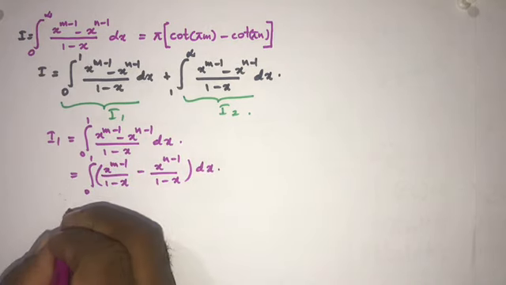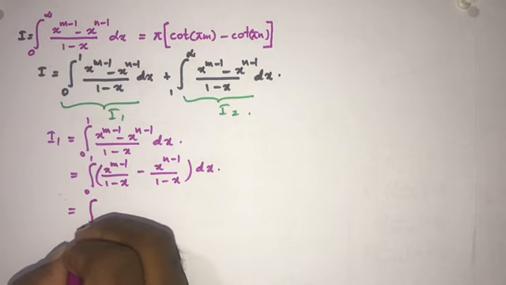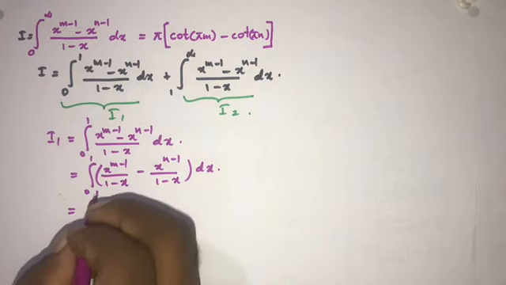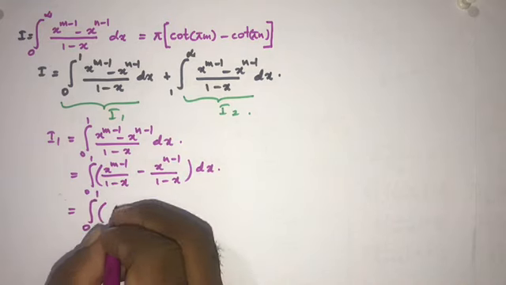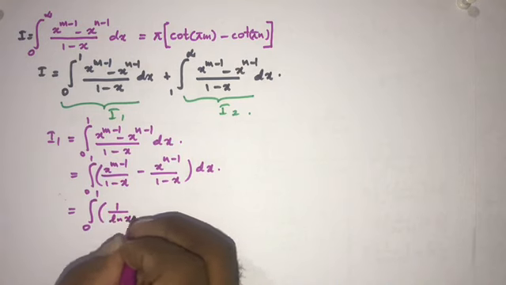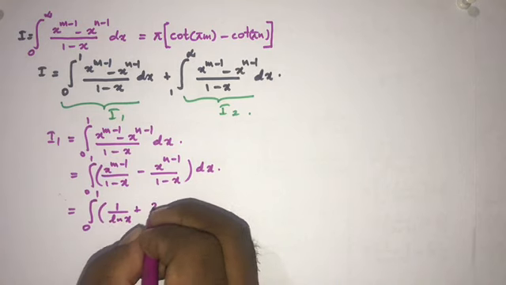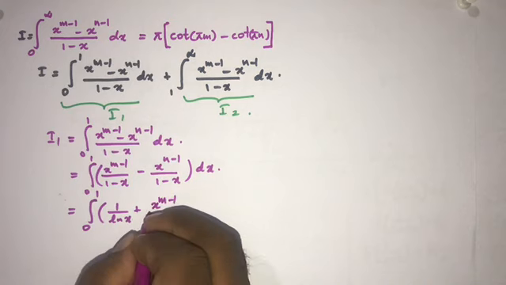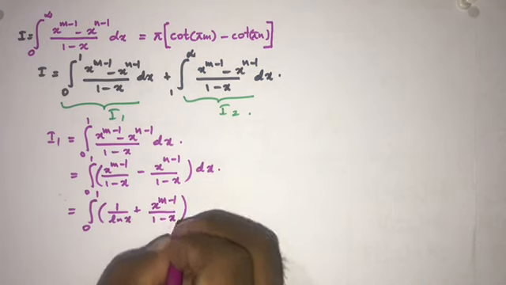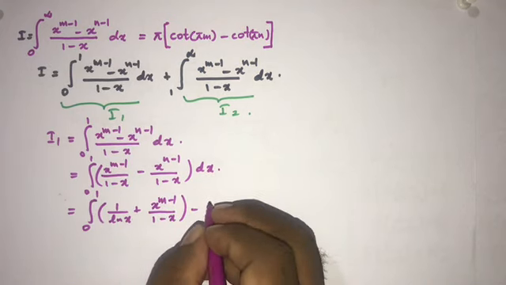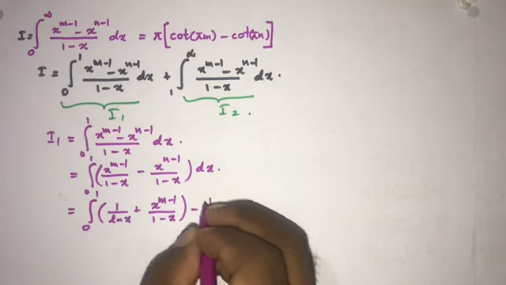Okay, then I am going to write the integral from 0 to 1. Now I am going to add 1 over natural log of x plus x^(m-1) over (1 - x) minus 1 over natural log of x.